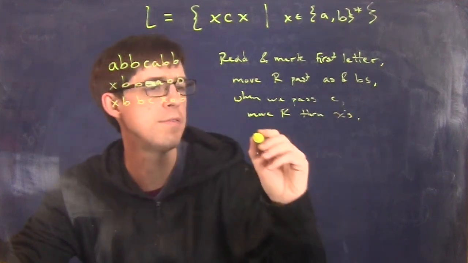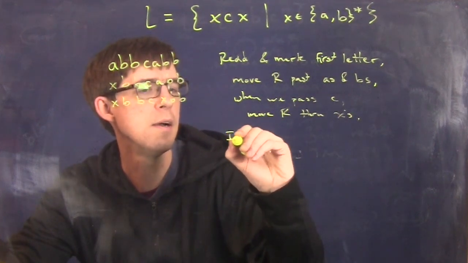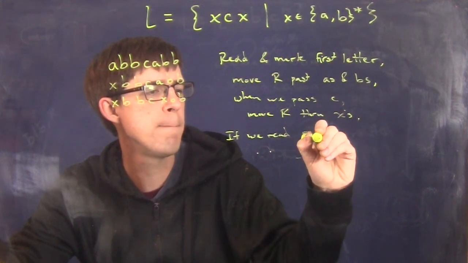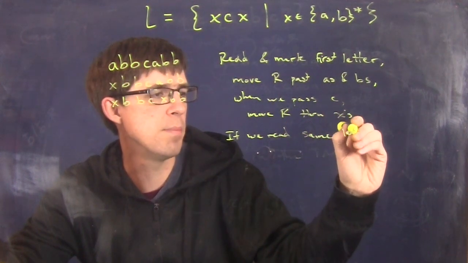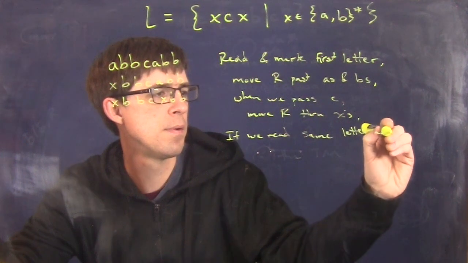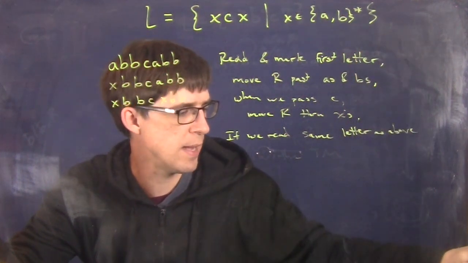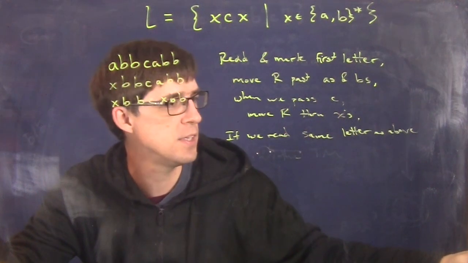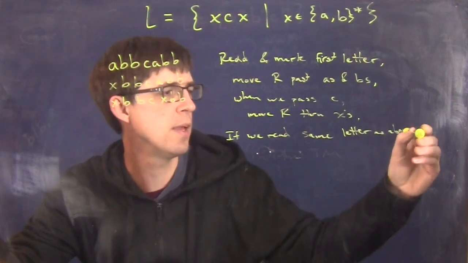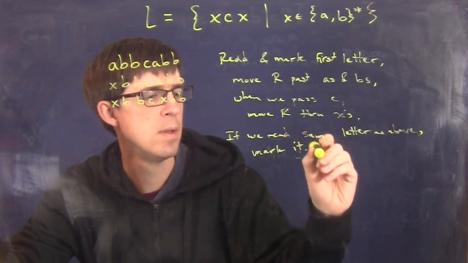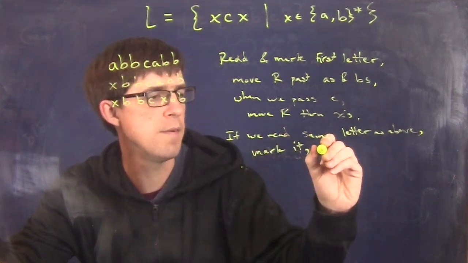So move to the right through X's, and then if we read the same letter as above, whatever the first letter that we read was, if we read that same letter again after the C and a bunch of X's, then we mark it.